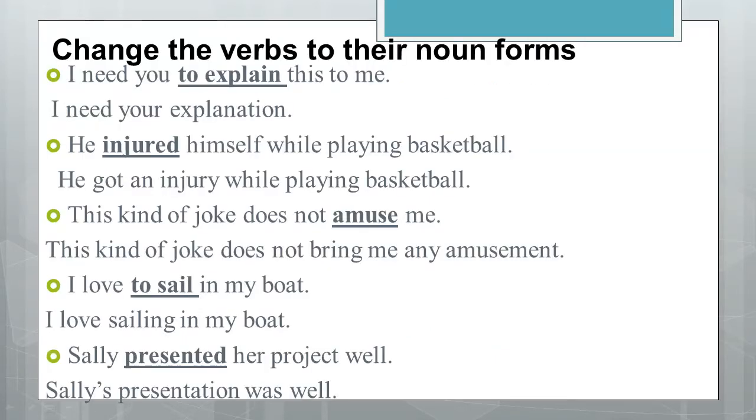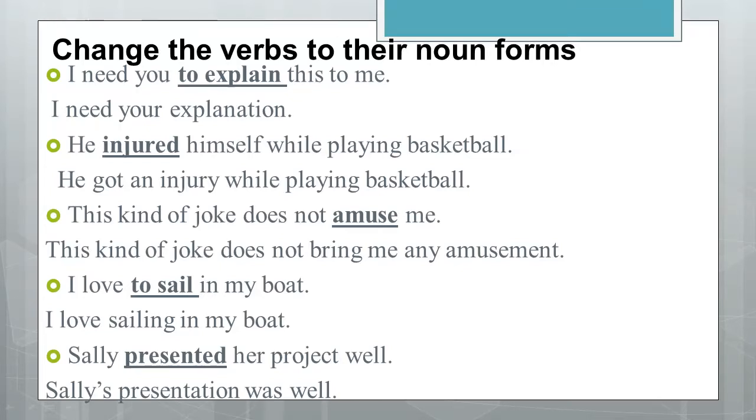In this exercise, we are given some verbs and we are asked to change these verbs to their noun forms. Again, we are going to change verbs to their noun forms. But here is one thing to notice.